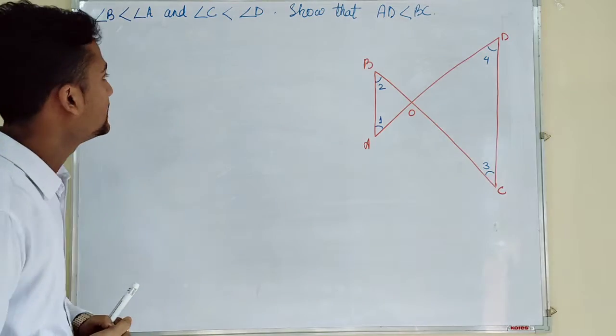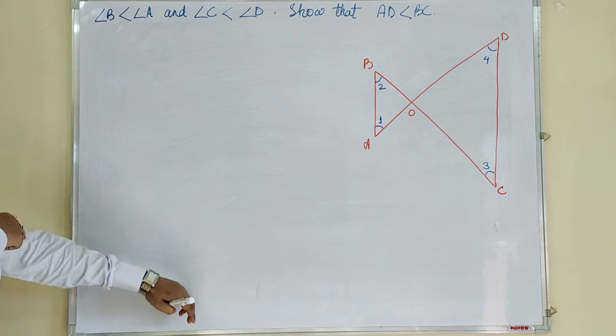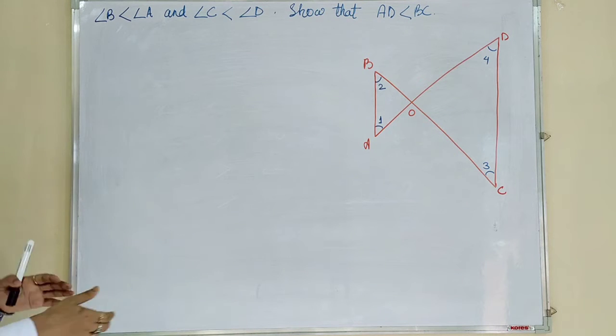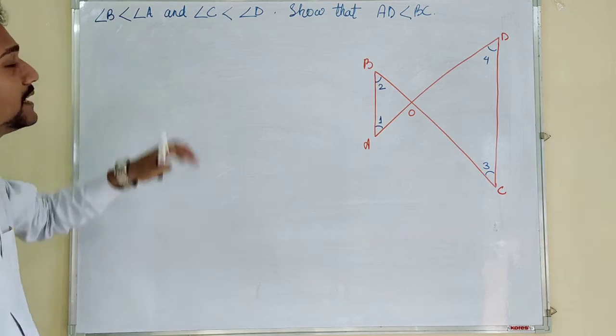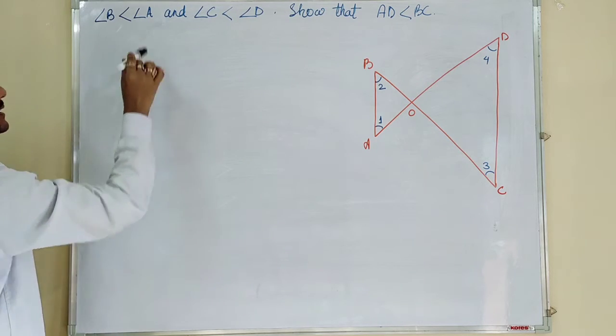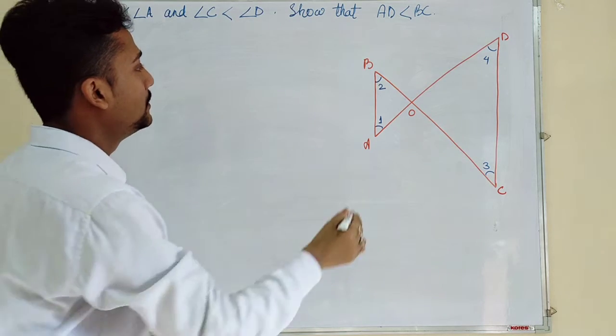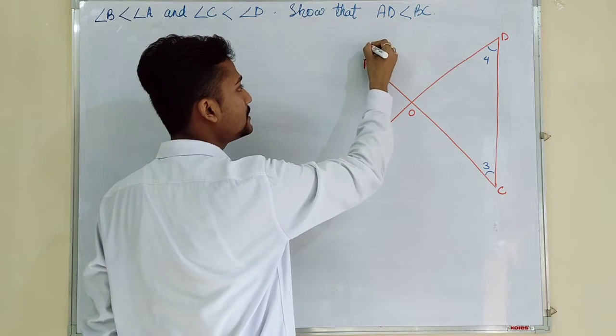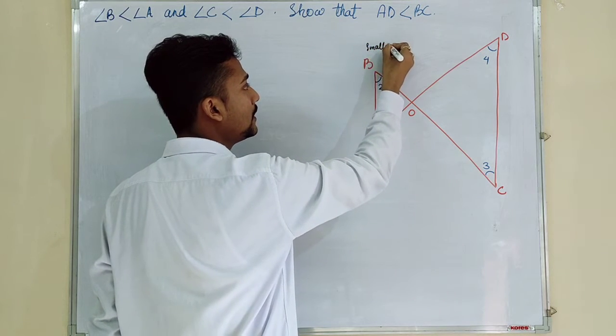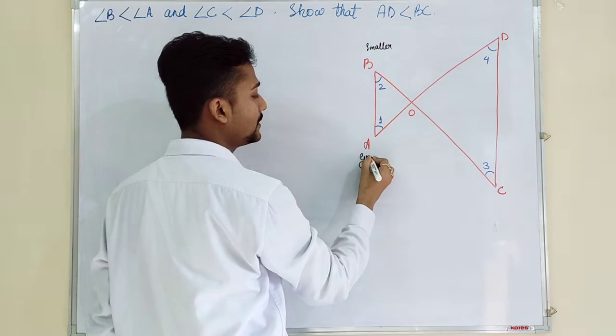Let us see what is there. The figure is given and it is mentioned that angle B is smaller than angle A. This is smaller, that means this is greater.